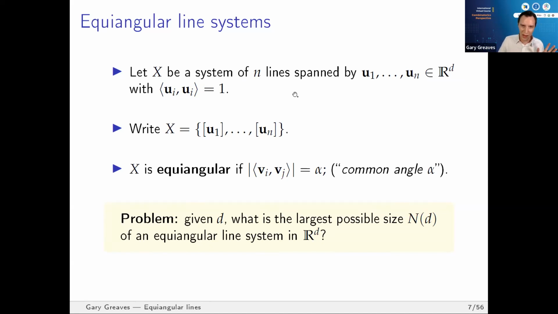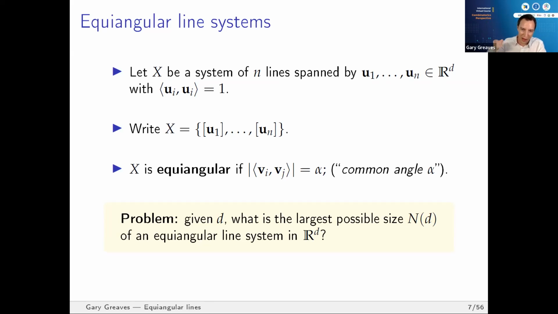So we're going to think of lines as spanned by some vectors. So I have n lines, so I need n spanning vectors. And we assume they live in d-dimensional real space. Then, notationally, I can write X is this set here. I write these square brackets to mean the line spanned by some vector.